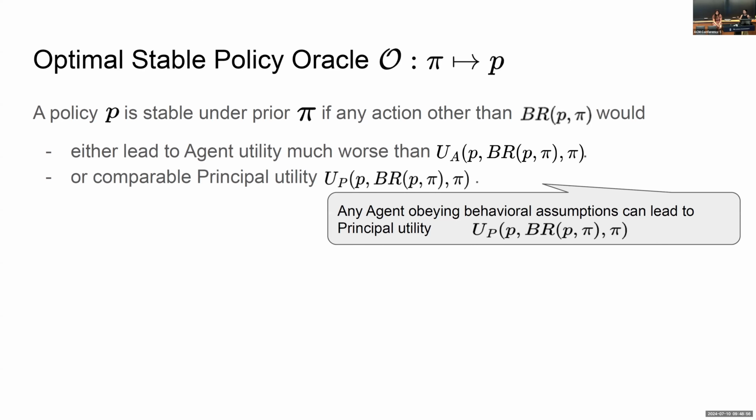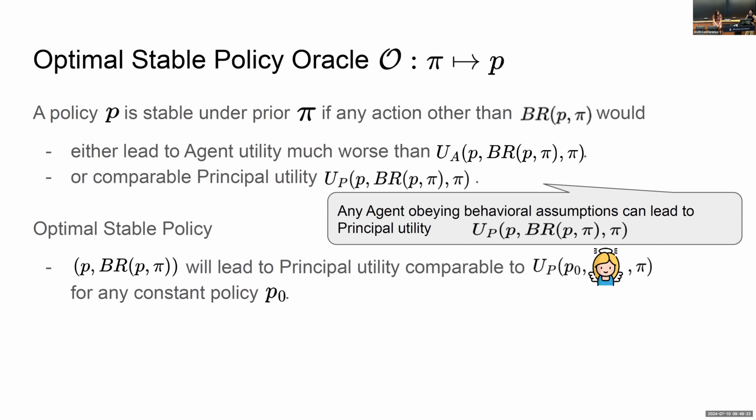Since we have this behavioral assumption that they will run an algorithm with no swap contextual regret, they won't take an action that is significantly worse than the best response for them. So if we just implement this stable policy, then the agent will lead to a principal utility that is comparable to the one achieved by best response.